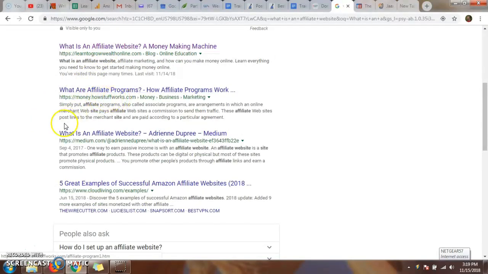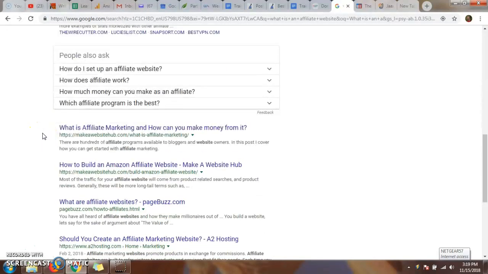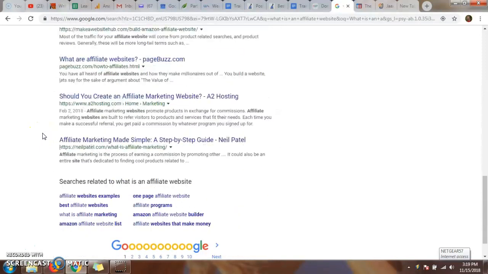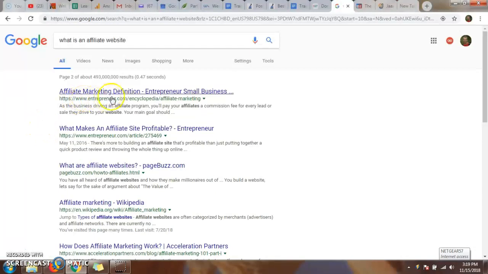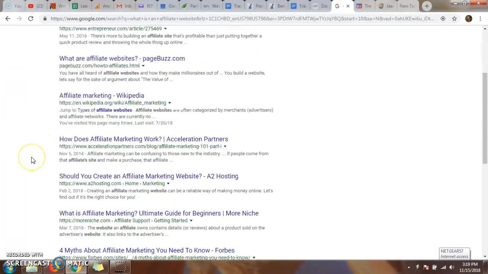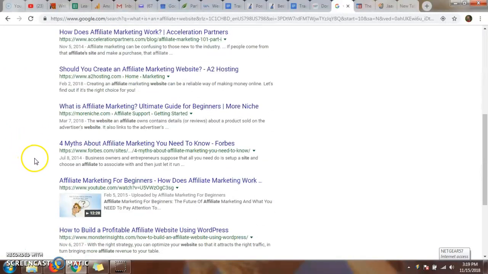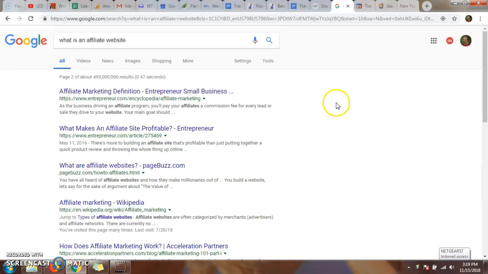Here we have Money and How Stuff Works, and we outrank them. If you go a little bit further down, there's Neil Patel, who is huge. Even if you go to the second page, you've got entrepreneur.com, and Wikipedia. So it's not always 100% Forbes. It's not always 100% true, but those are some things to look at.